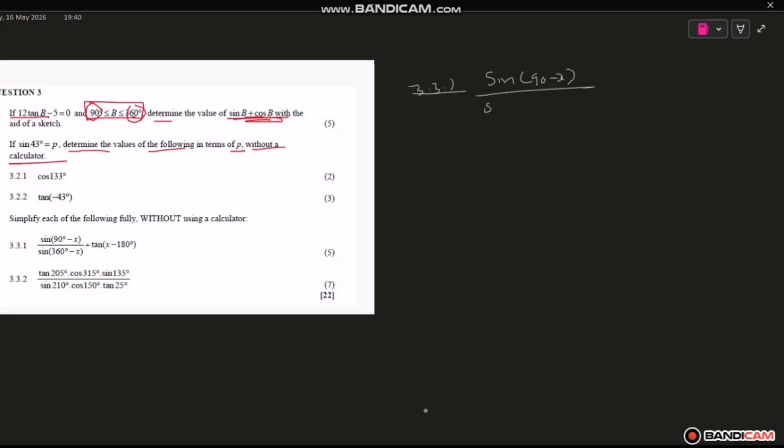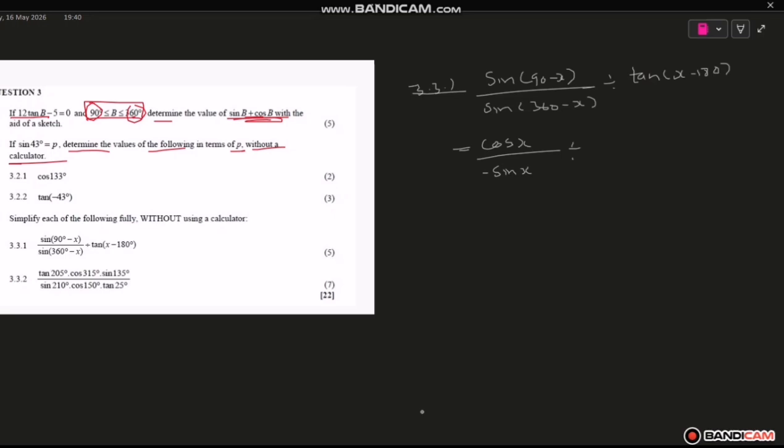Now we have sine 90 minus x, sine 360 minus x, divided by tan x minus 180. Therefore, this is going to be cos x over negative sine x, divided by, let's just use divide by, we'll use times after.